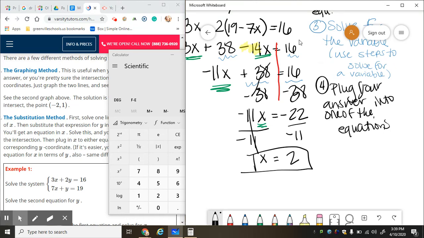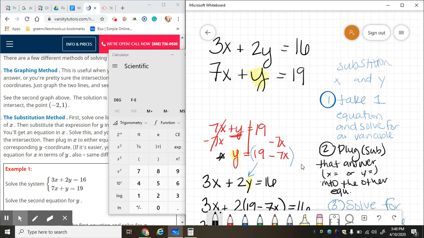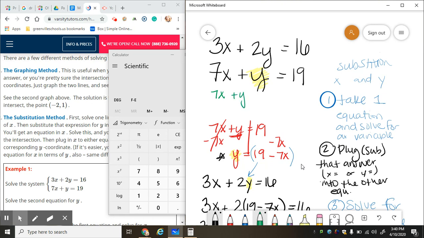Okay, so scroll up. Well, this right here looks like the easiest. Now I said original, but we could also, so let's do it two different ways and see if we get the same answer. So we have 7x plus y equals 19, and x is now 2.